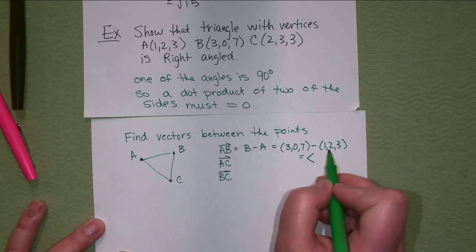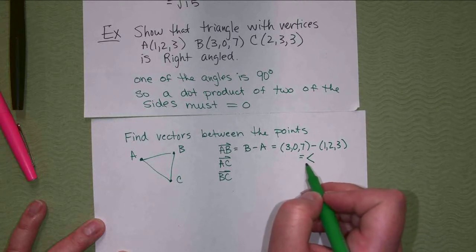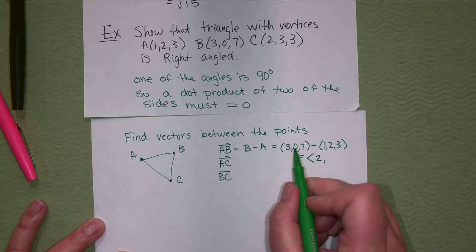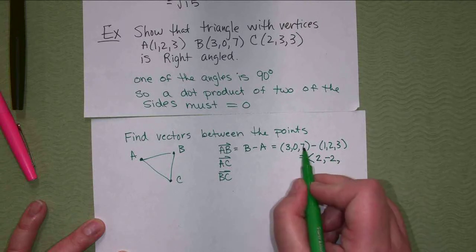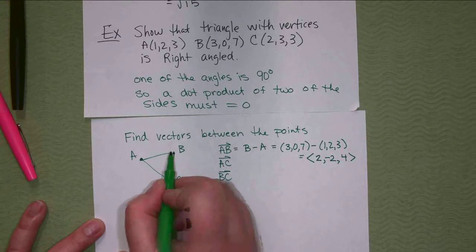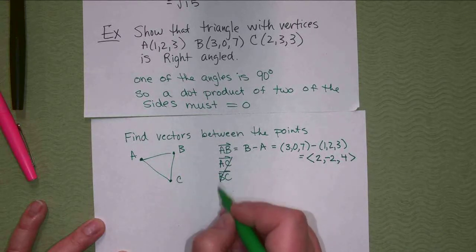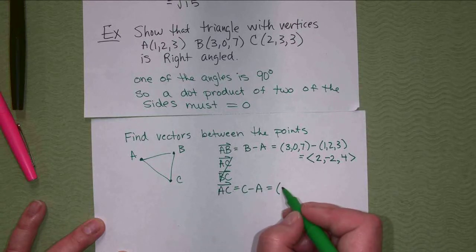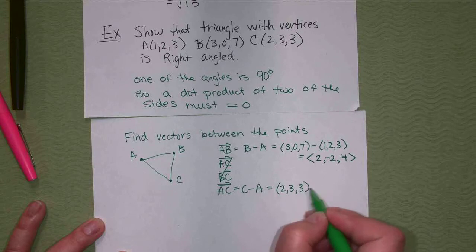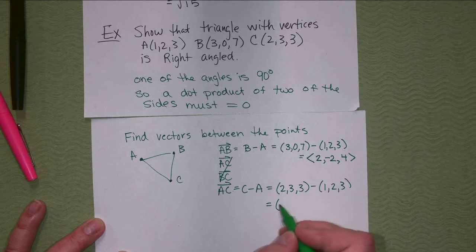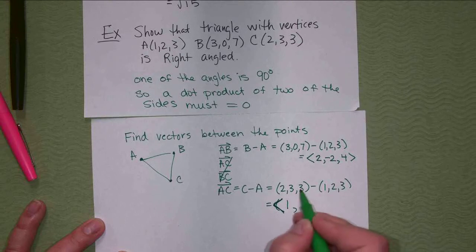So remember, you write your points in, but then you have to convert it to the other type of bracket because now it's going to be a vector. Right? So this will be 3 minus 1, 2, 0 minus 2, and 7 minus 3. So this is the vector between A and B. I'll just move these down. So AC is C minus A. So, whoops. 2 minus 1, 3 minus 2, 3 minus 3.